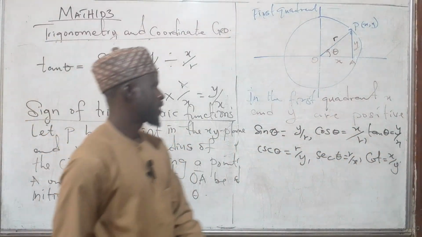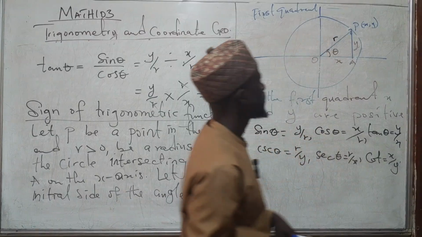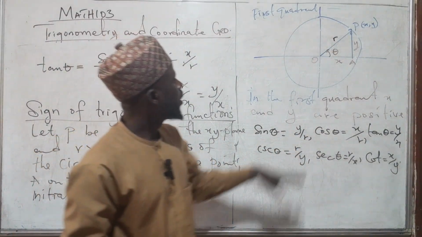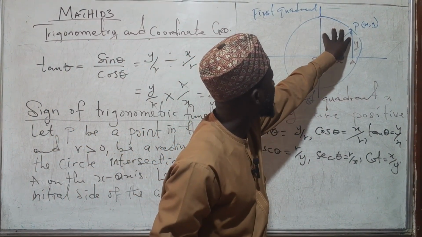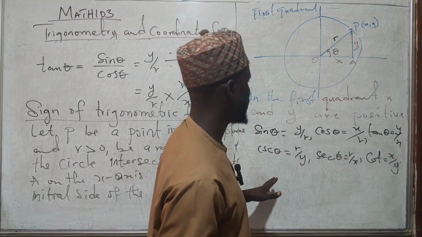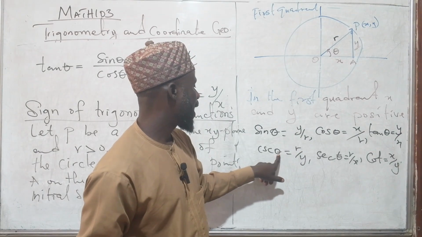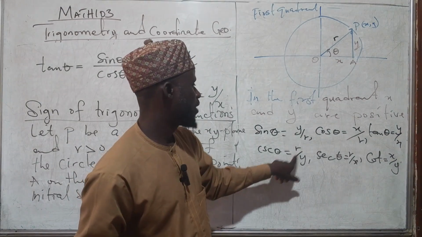So notice that for all angles in the first quadrant, their trigonometric ratios are all positive. Sine is positive, therefore cosec will also be positive.